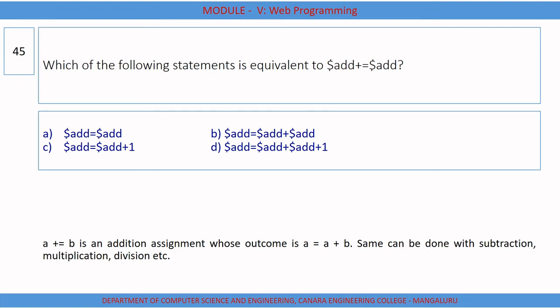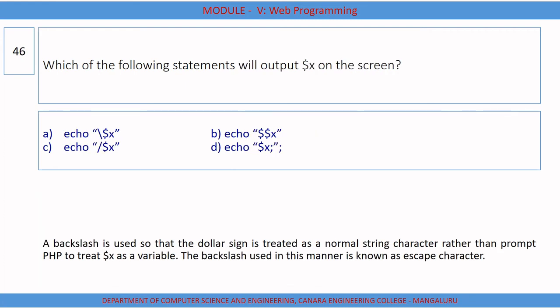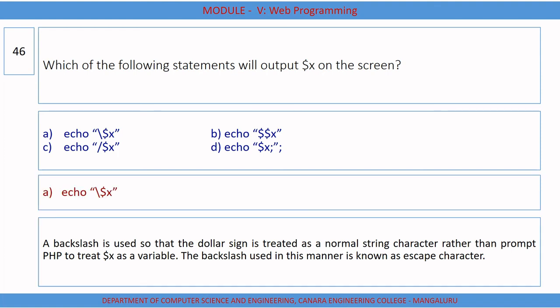Which of the following statements is equivalent to $add plus $add? A plus equal to is addition assignment, whose outcome is A equal to A plus B. The same can be done with subtraction, multiplication, division and so on. So answer is B. Which of the following statements will output $x on the screen? echo $x.